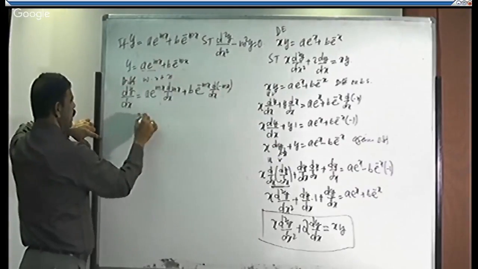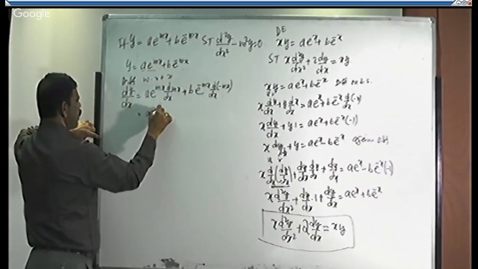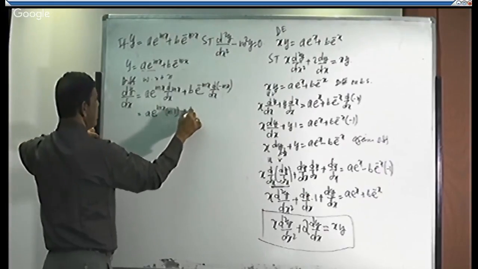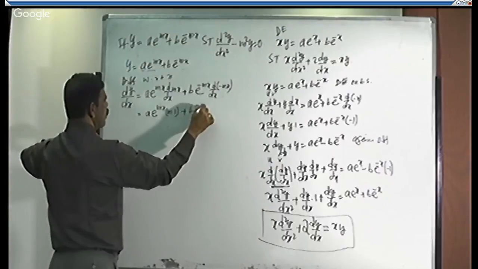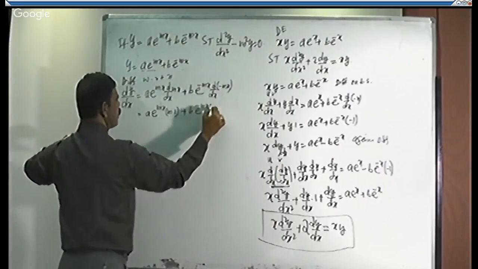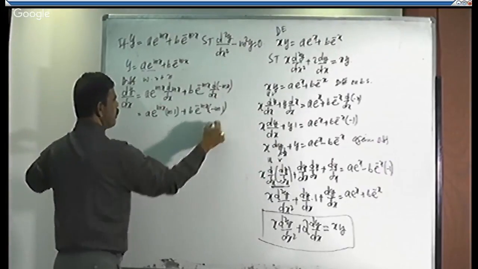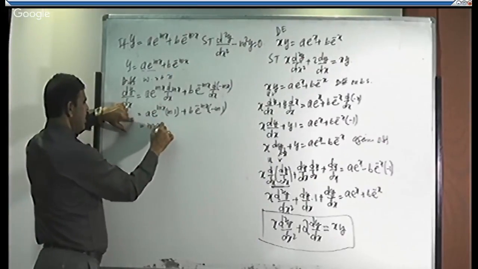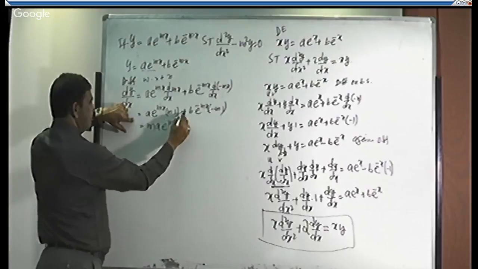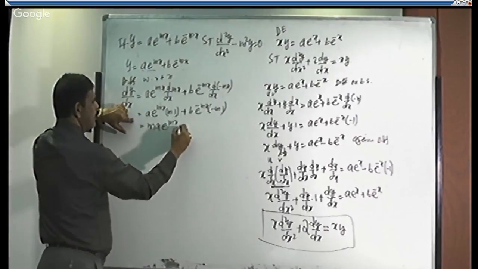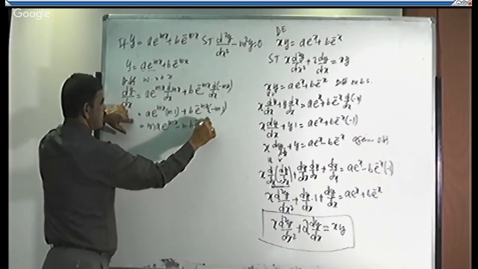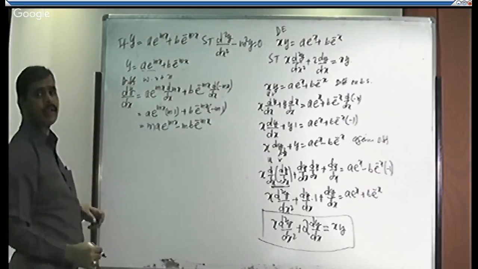So a e power mx, differentiation of mx is m into 1, plus b into e power minus mx into differentiation of minus mx, which is minus m into 1. It becomes m a e power mx plus into minus minus m b e power minus mx. This is dy by dx.